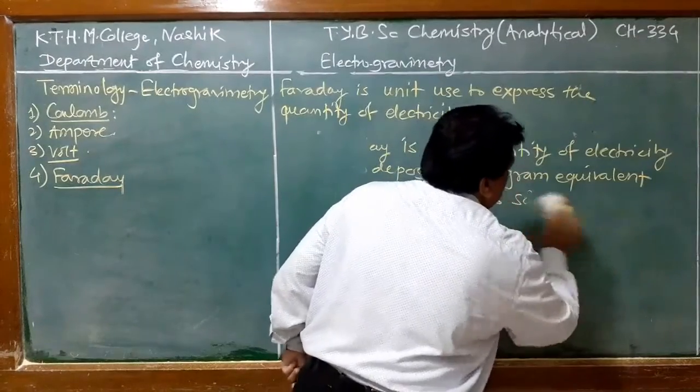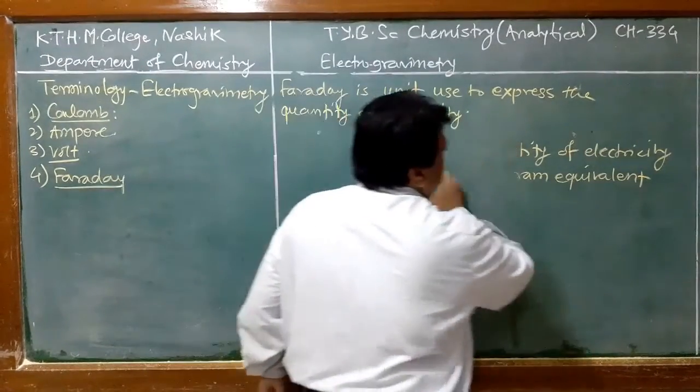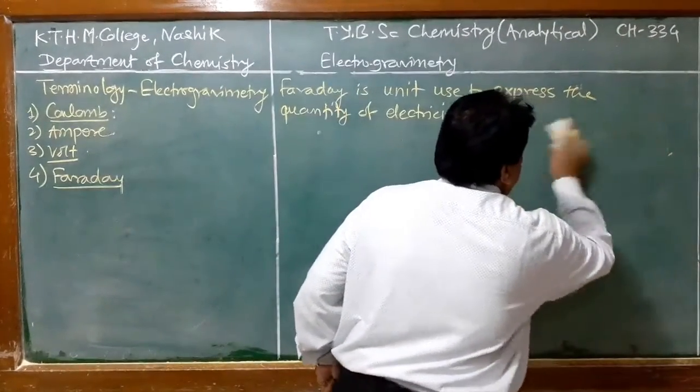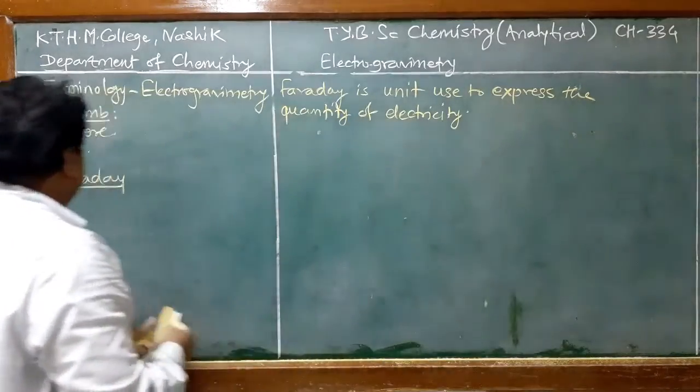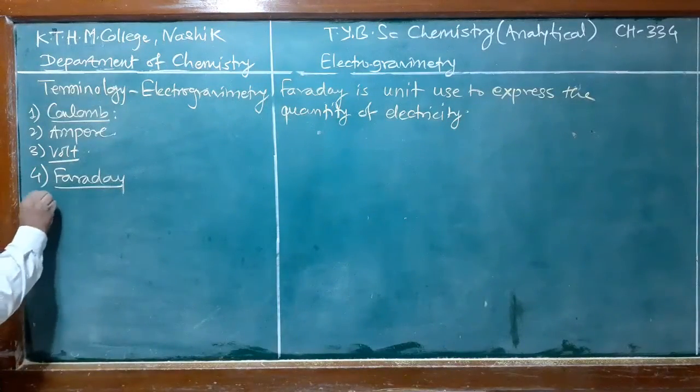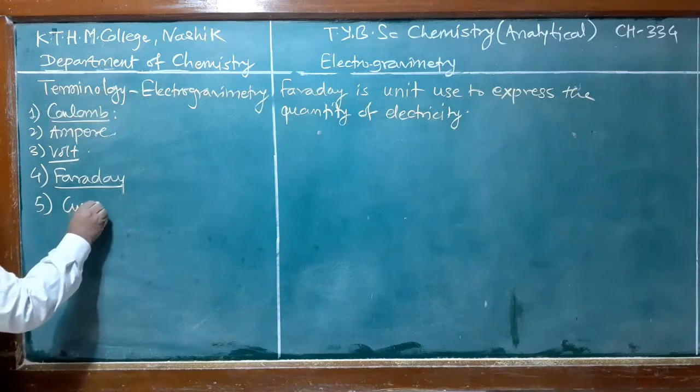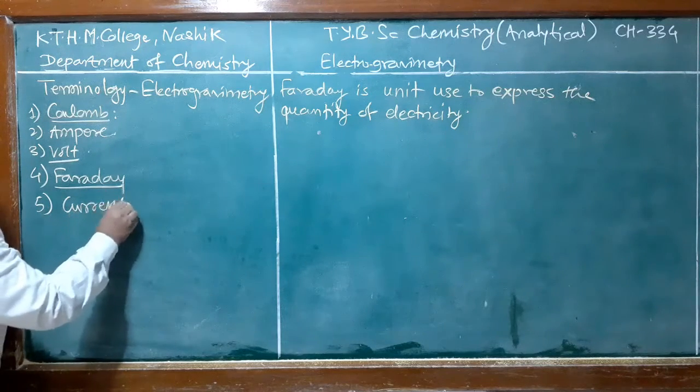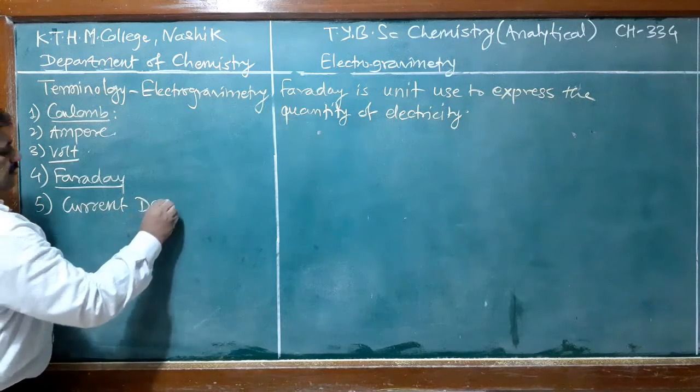Student, next terminology in electrogravimetry is the current density.